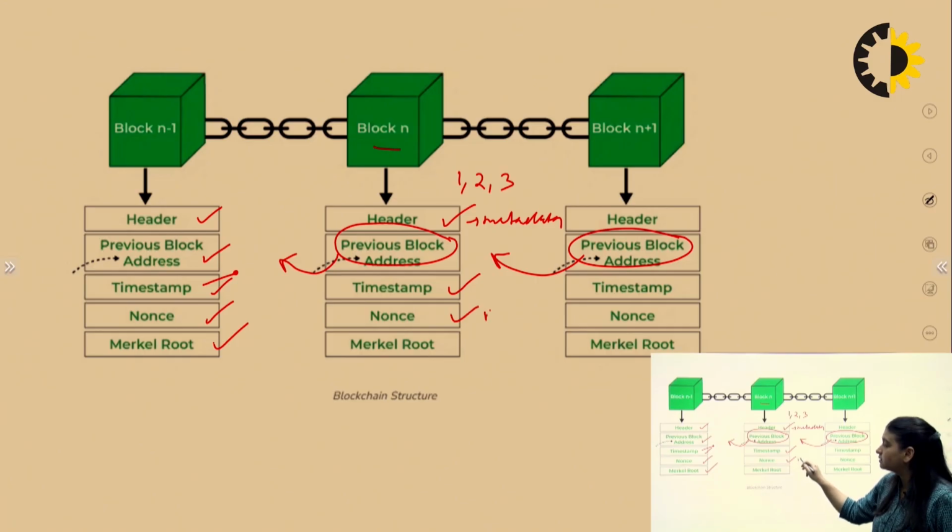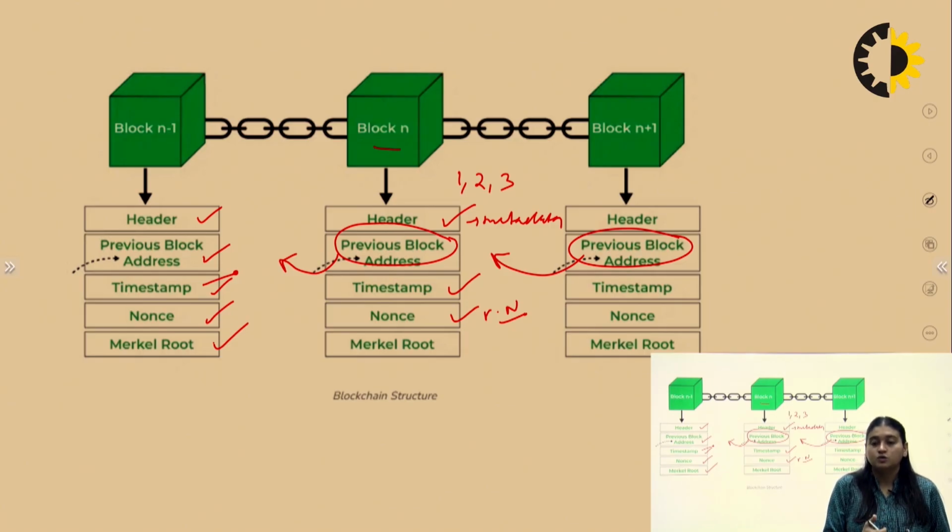Nonce is a random number, and we'll discuss nonce in detail later on, but for now you can understand that nonce is a random number. It is used by the miners while designing the puzzle problems for the consensus.